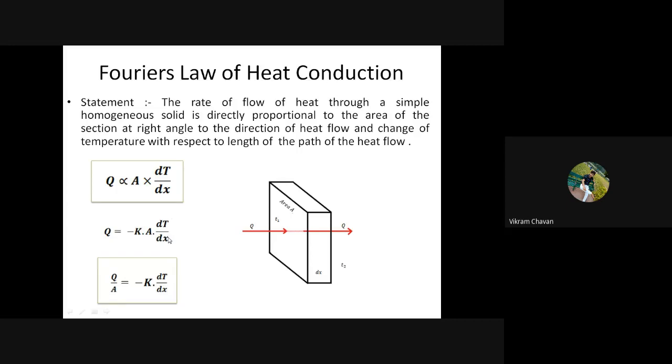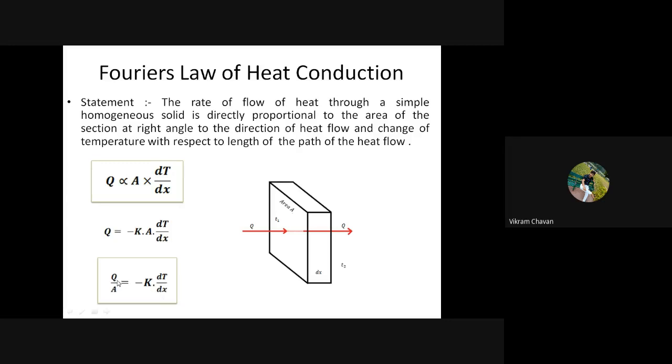Once we have normalized this equation, we shift capital A to the other side, so it becomes Q divided by A, that is, heat transfer rate per unit area, equal to minus K multiplied by dT divided by dx.